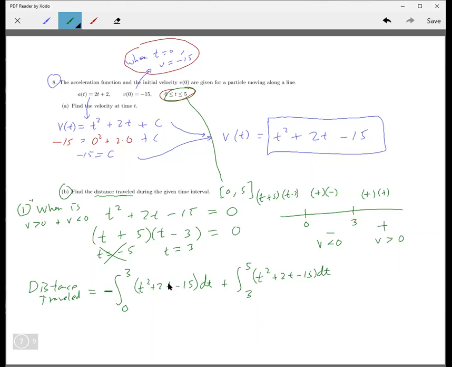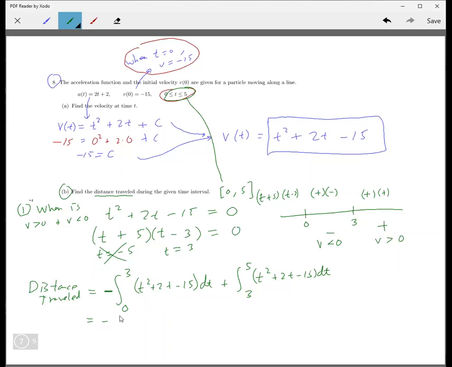Okay, so here the velocity is all negative. So when you have this negative out here, this will become a positive number, and it will tell us the distance traveled between 0 and 3, because they're all going in the same direction. And then here, the velocity is already positive, so the integral from 3 to 5 will give us the distance traveled between the time t equals 3 to t equals 5.